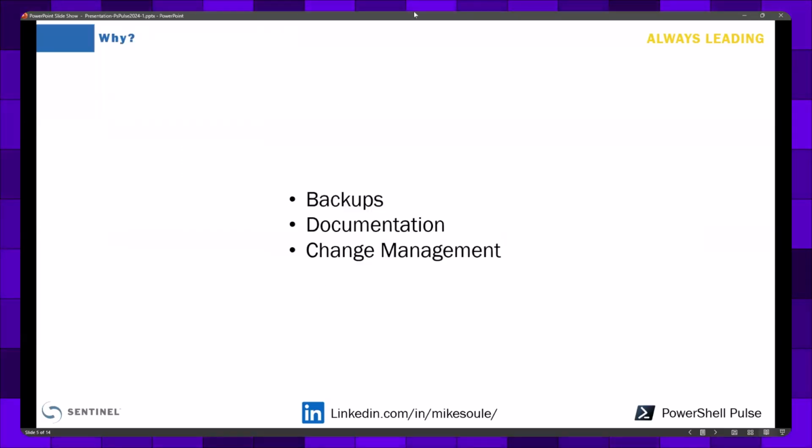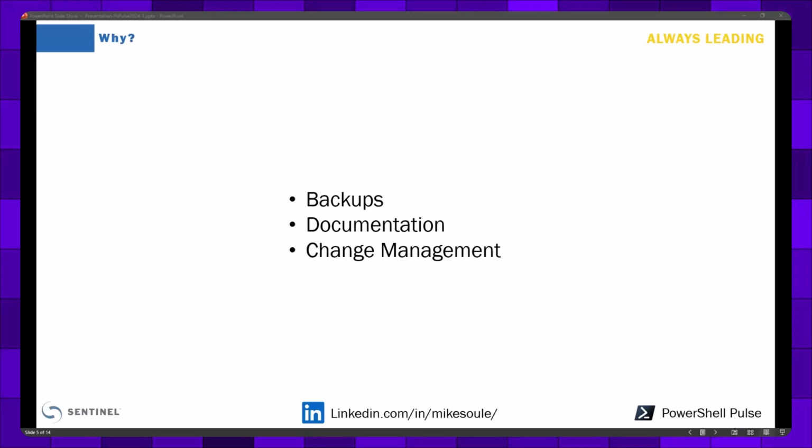So why are we doing this? Why are we trying to get all this info into GitHub? Backups, documentation, change management. These are things that in a cloud environment we run into a lot where we sort of forgot about them. Most of us have probably spent dozens, if not hundreds, of hours making configuration changes in O365 tenants, in any of these cloud SaaS platforms.